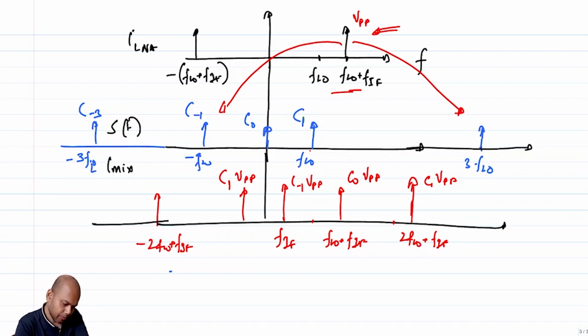Actually, I should not say V_PP, I should simply say V_RF, because if you divide the strength of the sinusoid into two bins, it gets divided by 2. Here we are not particularly bothered about whether it gets divided by 2 or not. I am just calling it V_RF. Assume that it has been divided by 2. Okay, so let me get rid of these terms.